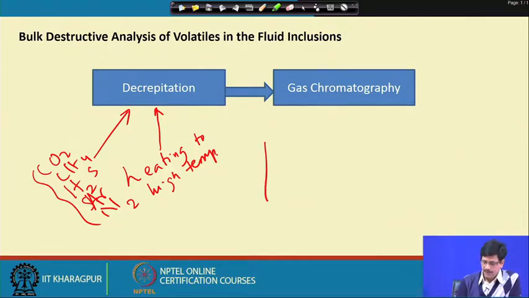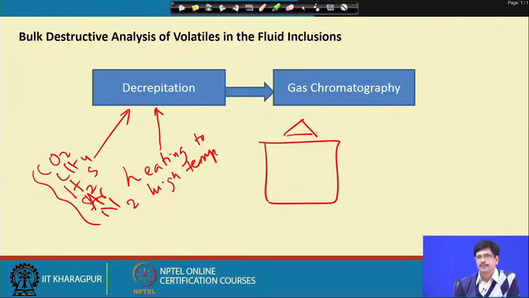And now, if this is a chamber which we have supplied heat to, and here is the sample containing inclusions, on which we have done the petrography and which we have reduced to a workable size, so that the decrepitation will be achieved more efficiently.